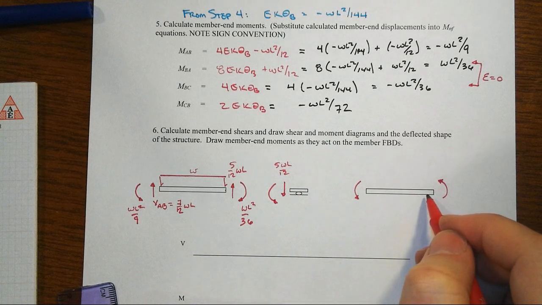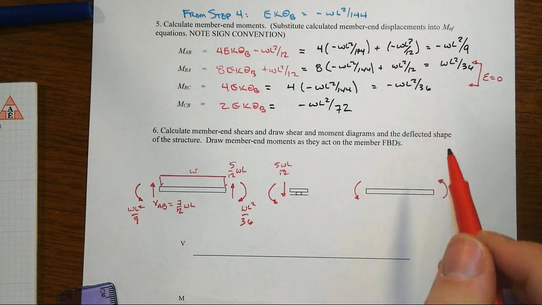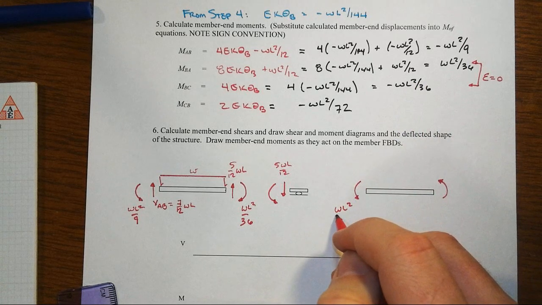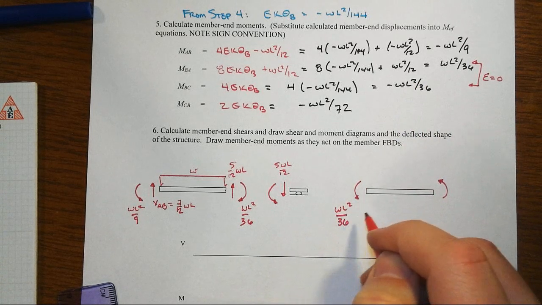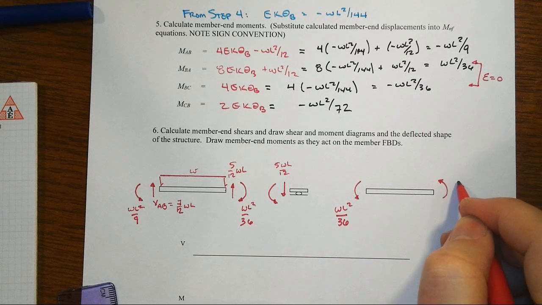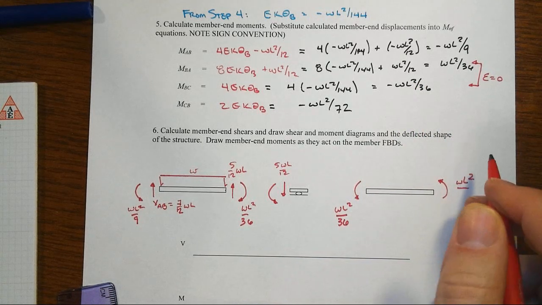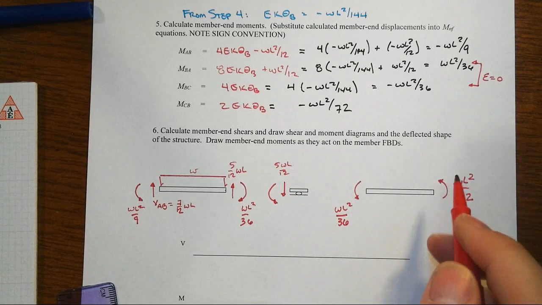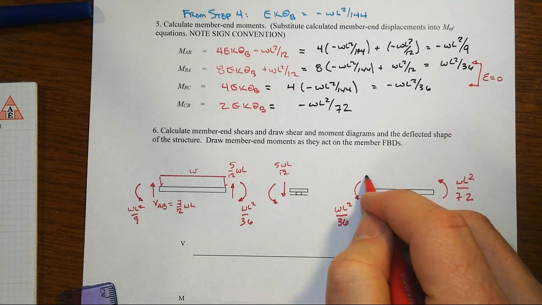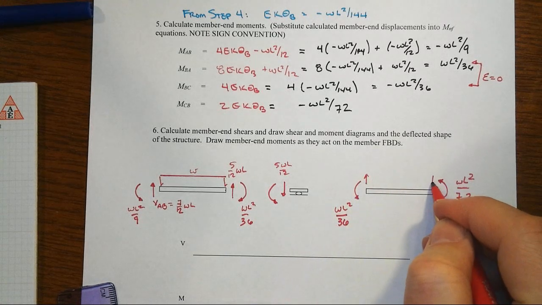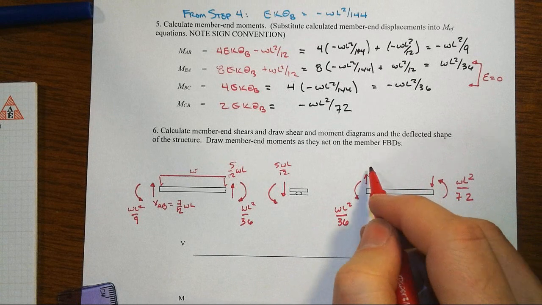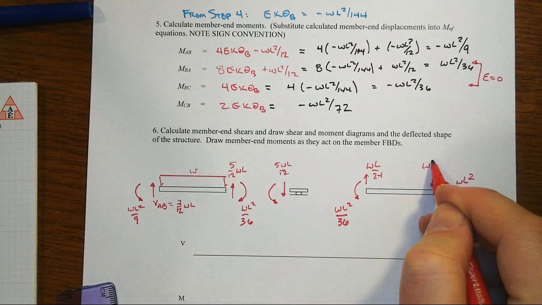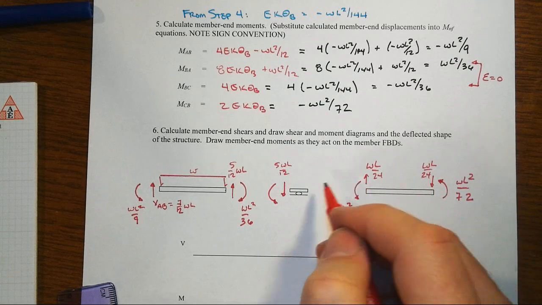Come over here to the member BC, we have a negative WL squared over 36, so that's going to act counterclockwise on the member. We get half of that also clockwise at the far end, and so we have a net counterclockwise rotation, from which then that means we have to have a force couple created by the shear going in the other direction and do the equilibrium there, and you'll get up and down WL over 24.